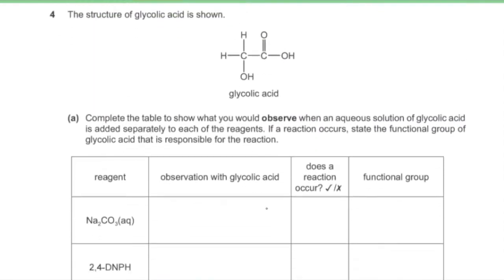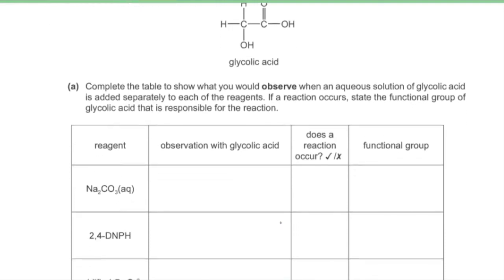Question before the structure of glycolic acid is shown. Complete the table to show what you would observe when an aqueous solution of glycolic acid is added separately to each of the reagents. If a reaction occurs, state the functional group of glycolic acid that is responsible for the reaction. Okay, so Na2CO3, that is sodium carbonate, is a metal carbonate that reacts with acids. So glycolic acid has a functional group COOH with which this Na2CO3 will react.